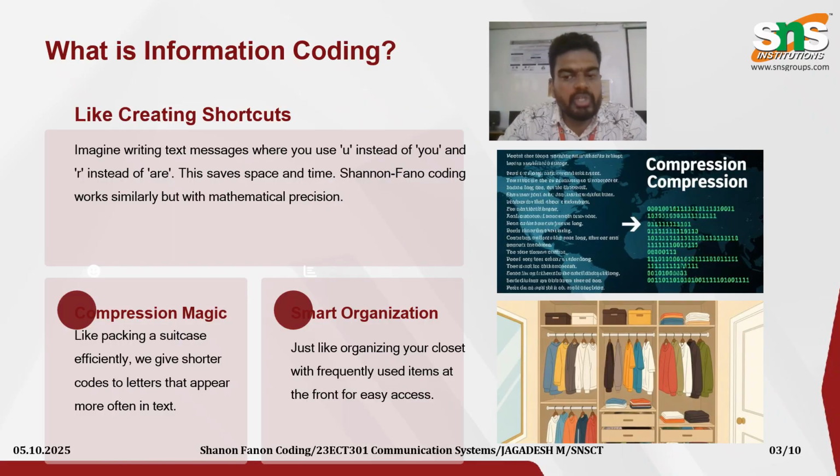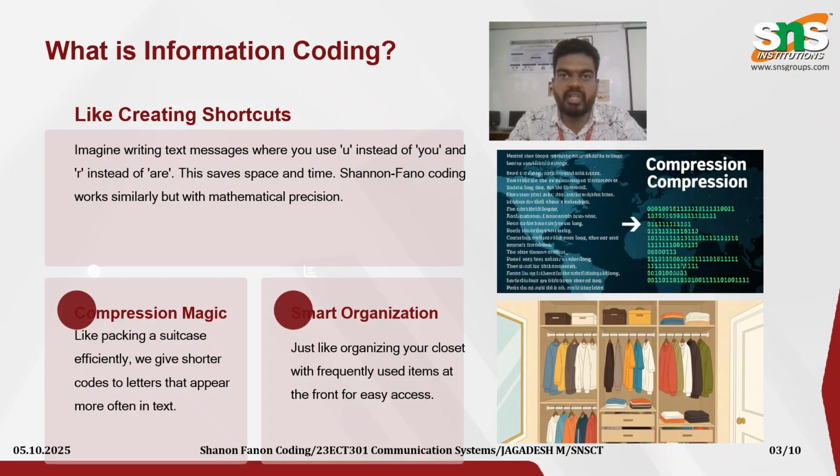So what is information coding? Like creating shortcuts, imagine writing a text message where you use U instead of YOU and R instead of ARE. This saves space and time. Shannon-Fano coding works similarly but is mathematically precise. When you are WhatsApping your friend, instead of how are you, we send HRU.